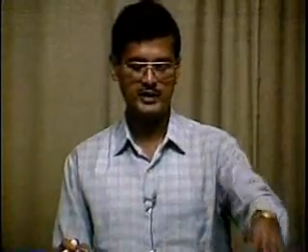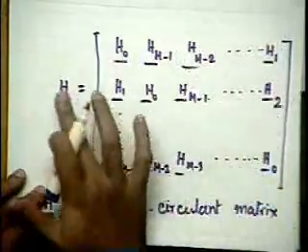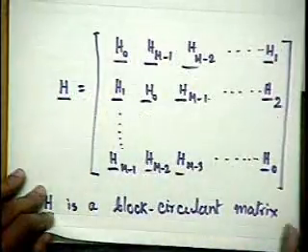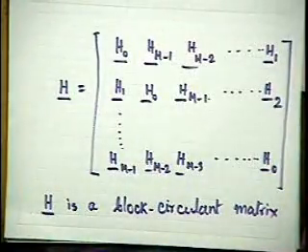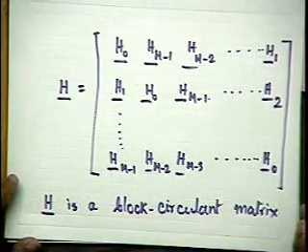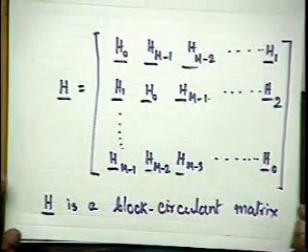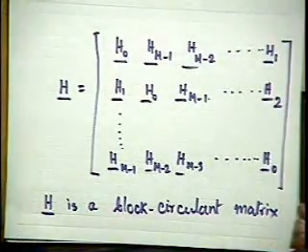All these circulant matrices, when I put them into here, make the overall matrix H of size mn by mn a block circulant matrix. If it is, instead of n square matrices, can it be an n square matrix of size n square? Reverse.